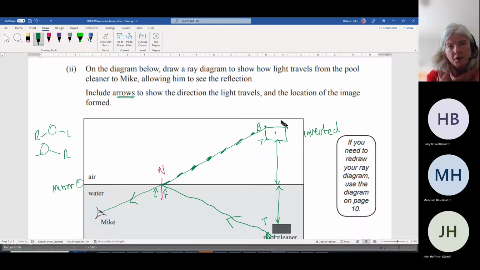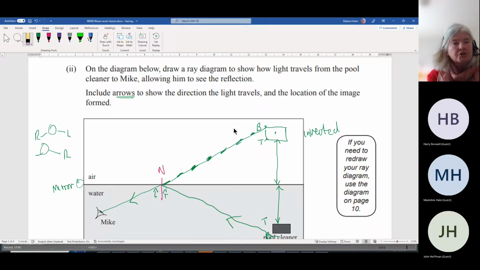I more or less knew where it was, because if I didn't put that there, I could have drawn my thing anywhere like that. And then my pool cleaner is rather too close to the surface. So try and work out where it should be, and then draw in your lines.